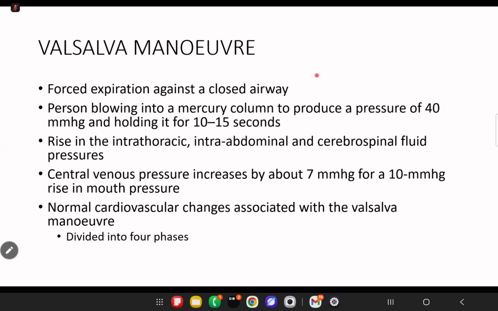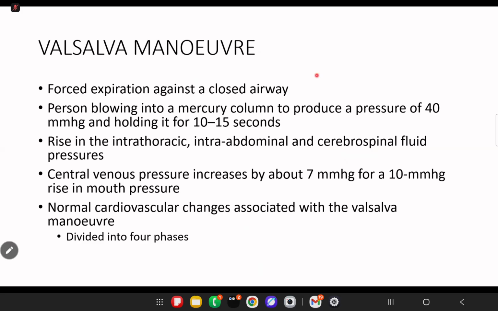So basically, the Valsalva maneuver is the cardiovascular responses you get when you blow against a closed glottis. So basically, it's forced expiration against a closed glottis. So how do you do this? You get a person to blow into a mercury column and maintain the airway pressure at about 40 millimeters of mercury and hold it for 10 to 15 seconds.